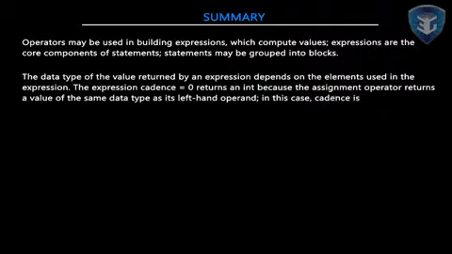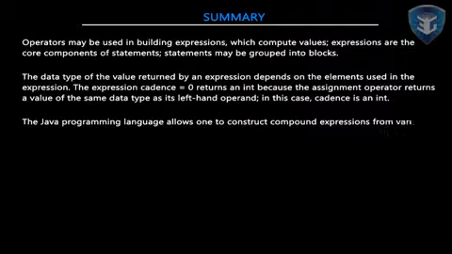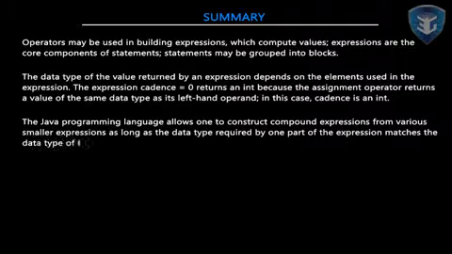The expression cadence = 0 returns an int, because the assignment operator returns a value of the same data type as its left-hand operand, in this case cadence, which is an int. The Java programming language allows one to construct compound expressions from various smaller expressions, as long as the data type required by one part of the expression matches the data type of the other.